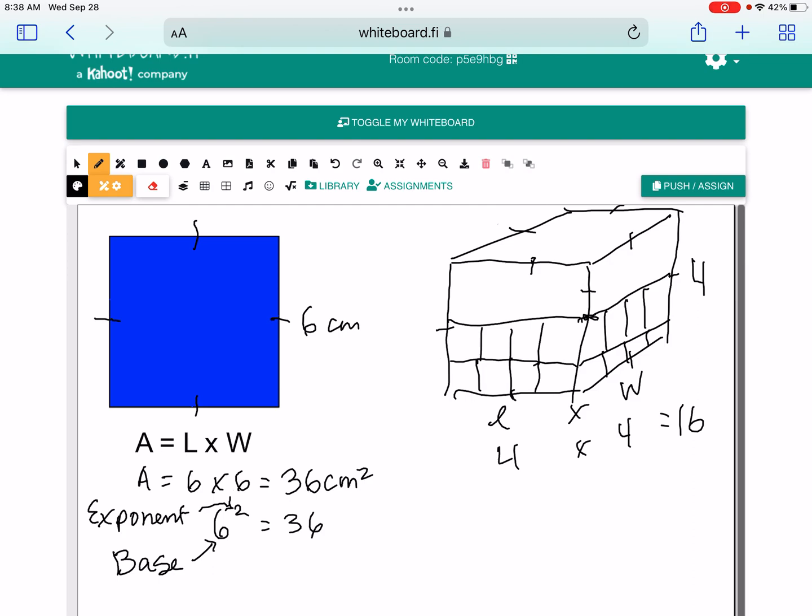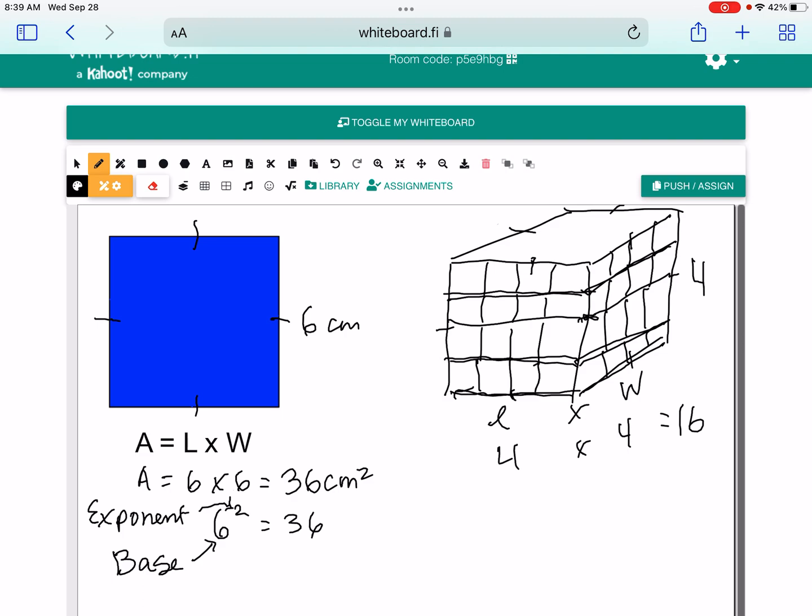So for this first layer we have 4 times 4, which gives us an area of 16 on the bottom layer. Then as we went around again and said 4 times 4, that's going to give us another area of 16. And we're going to do that again. We have 4 for the length and 4 more for the width, and if you multiply that layer, you get 16. If you multiply this layer on top, you're also going to get 16.